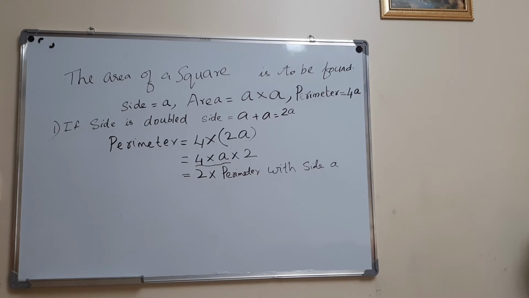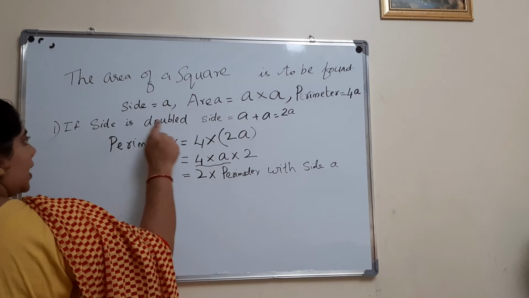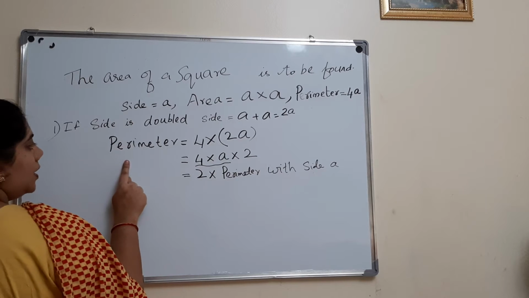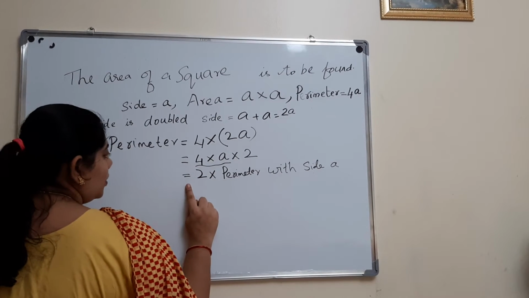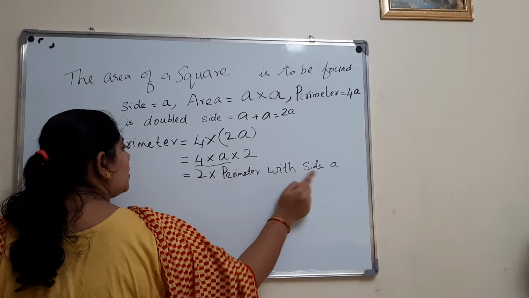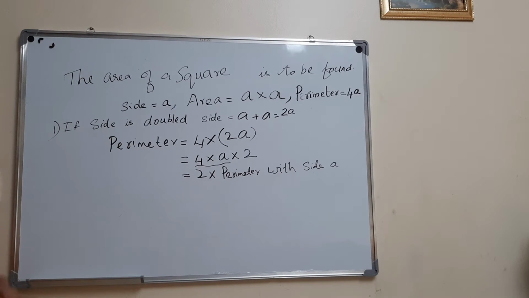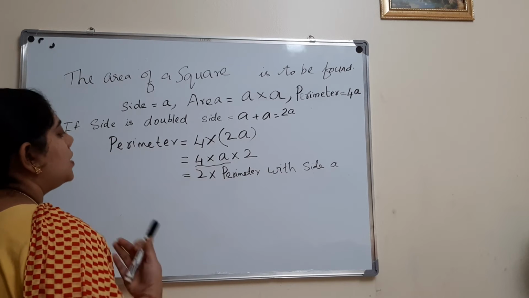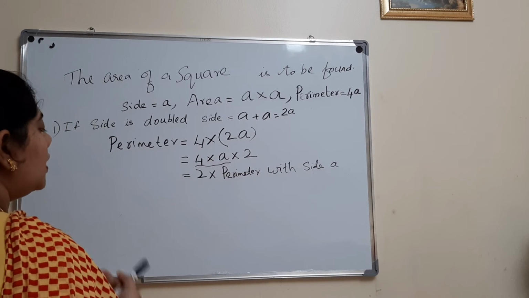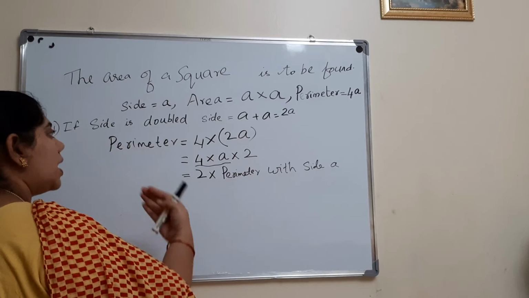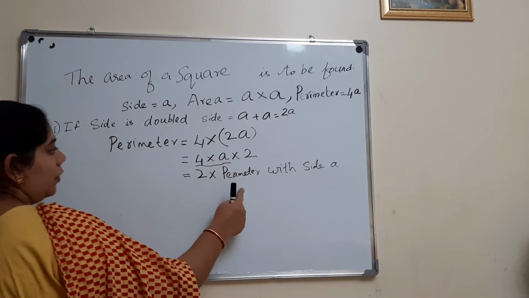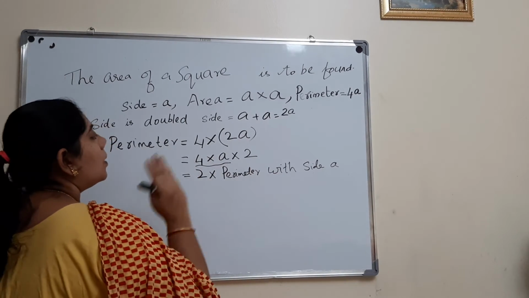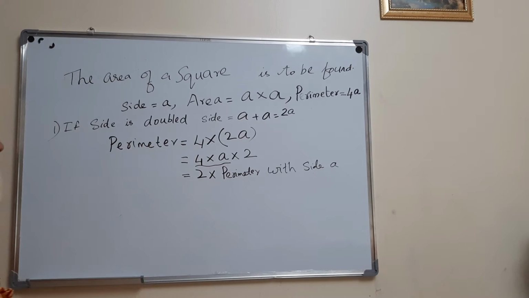The meaning is, if the side is doubled, the perimeter is equal to 2 times the perimeter with side A. Means when the side is doubled, the perimeter also becomes doubled.